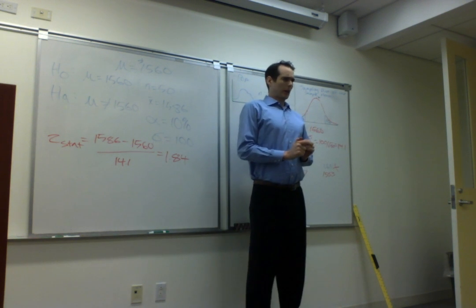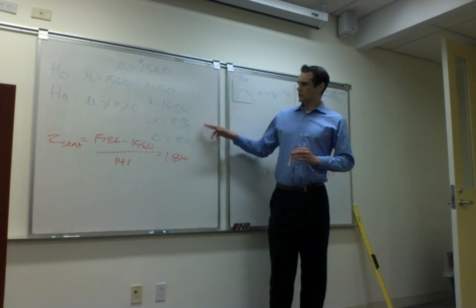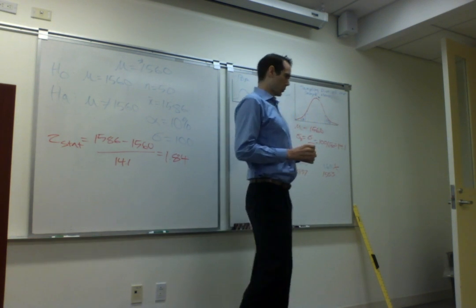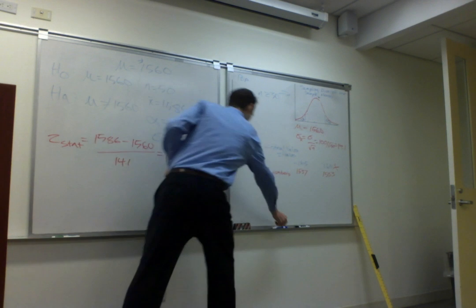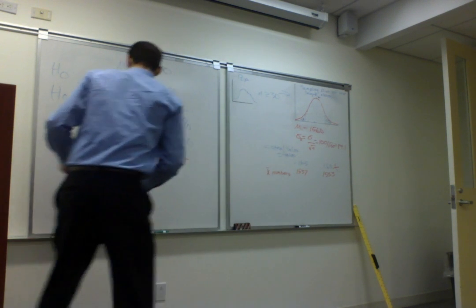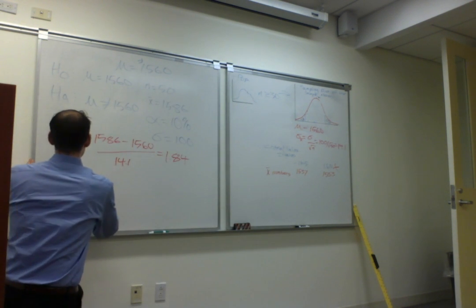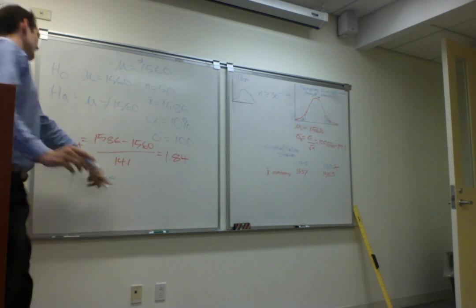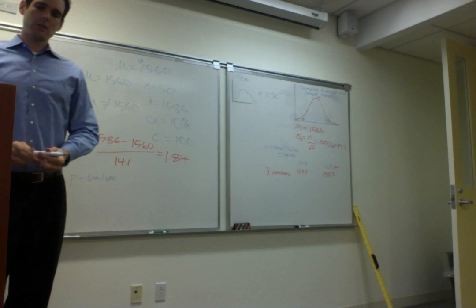Now something else will help us that is similar to the significance level. It is called the p-value. This is the exact probability.